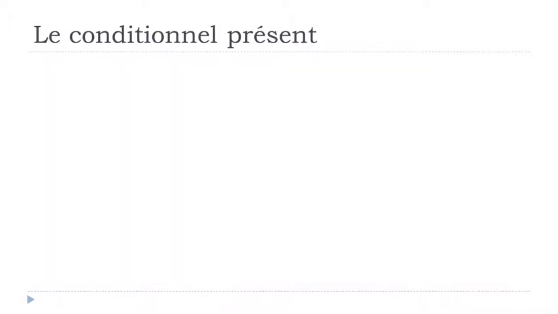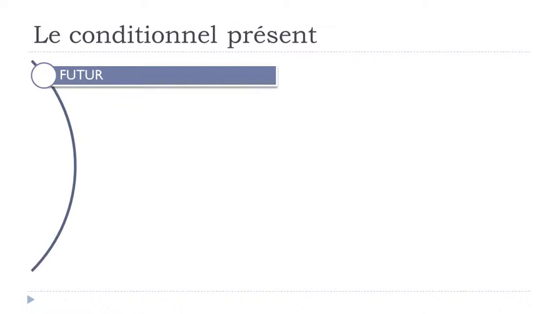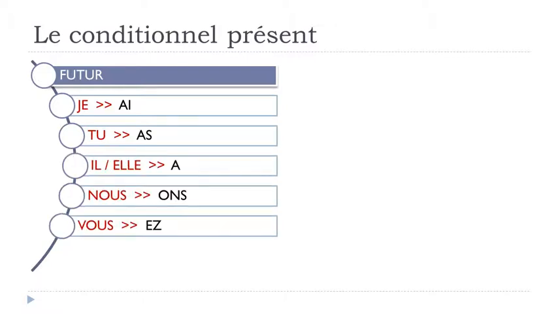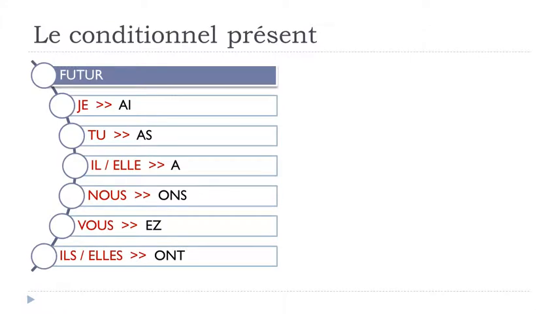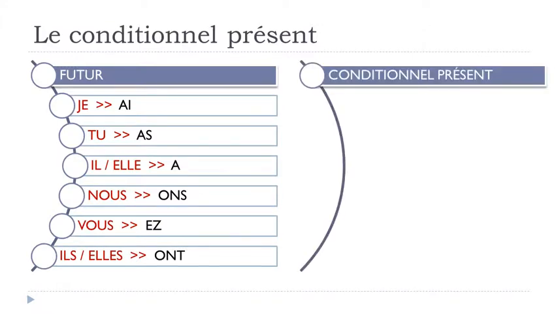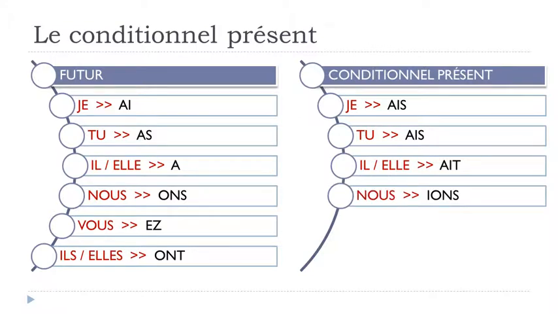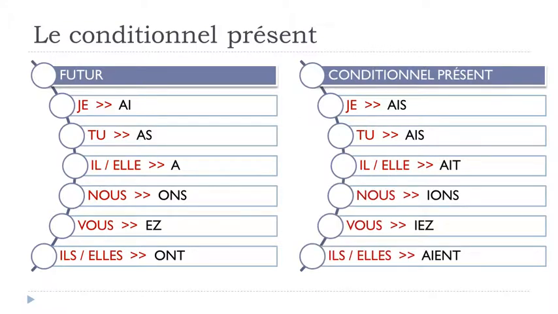Alright, so it was the first thing regarding the conditionnel présent, and as I said, it's quite close to the future, so the important thing is to remember that the endings for the future are ai, as, a, ons, ez, ont. But for the conditionnel présent, if you remember, it was ais, ais, ait, ions, iez, aient.